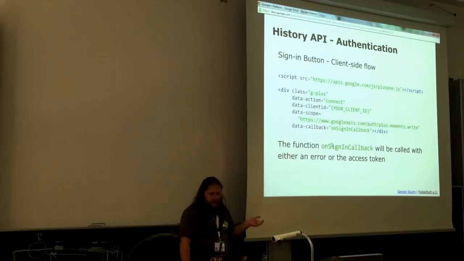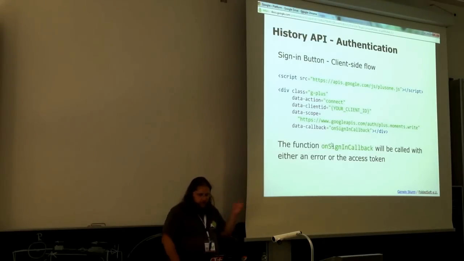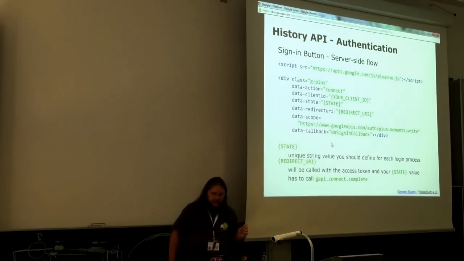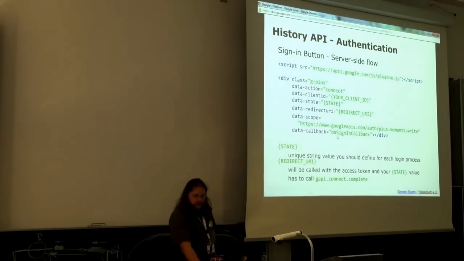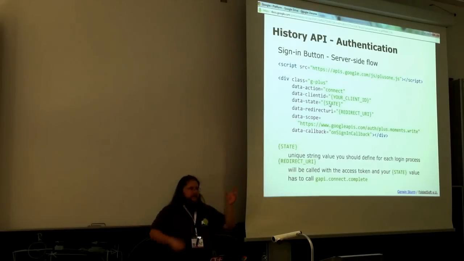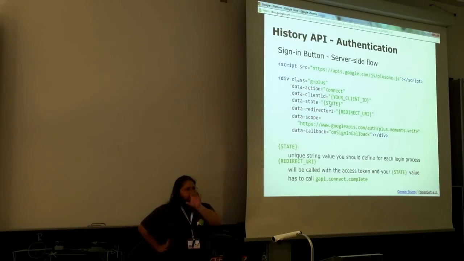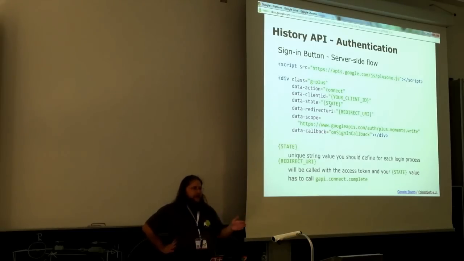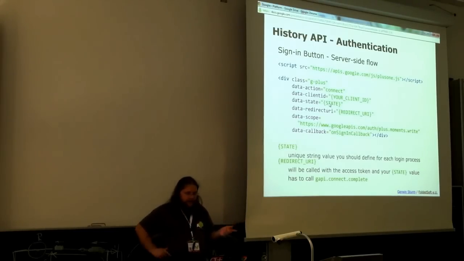If you want to be on the more secure side, or if you want to store the access token server side, you can have a server side flow, which for the user looks the same, but you have one step in between where you get the access token sent to a page on the server. On this page you have to work with the access token and then call a JavaScript function which sends the client back to the original site. But basically it's the same.